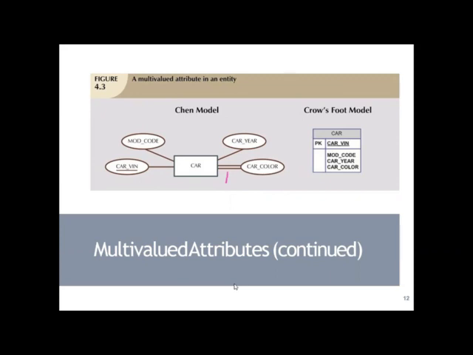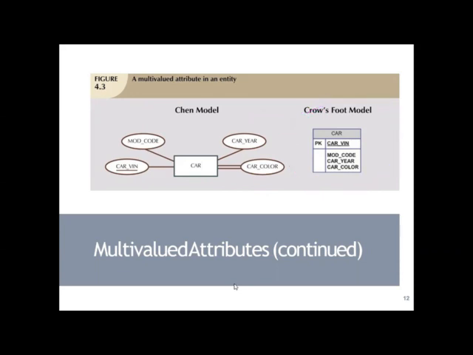In the chain model, we see that the car entity has attributes: car vehicle information number, model code, car year, and the car color. In this, car color is multi-value attribute. And we see that the cross-foot model we can represent like this.